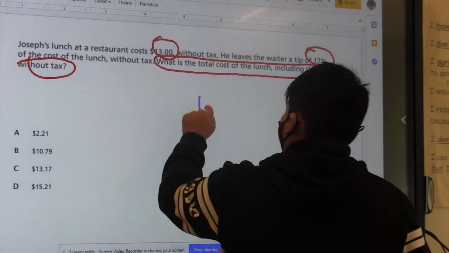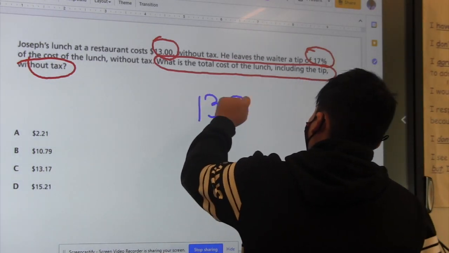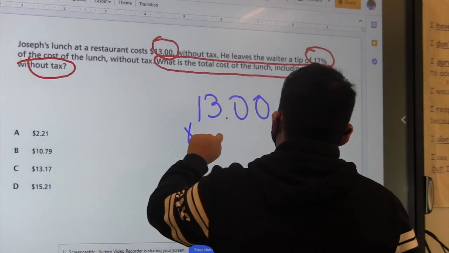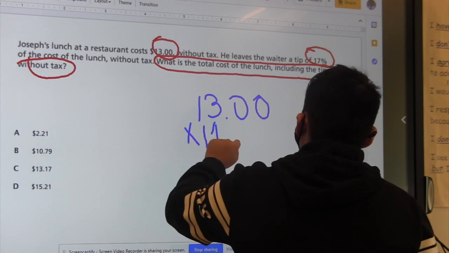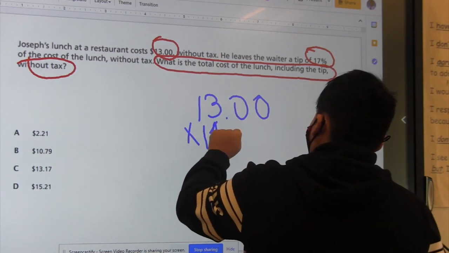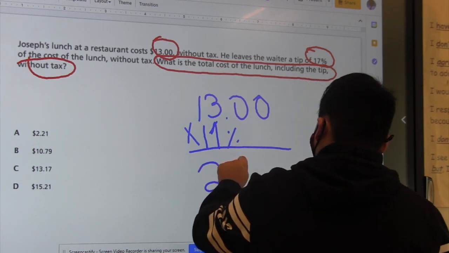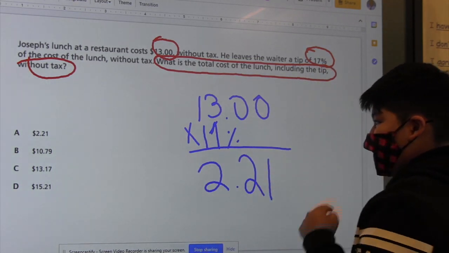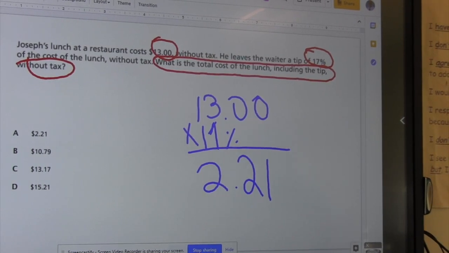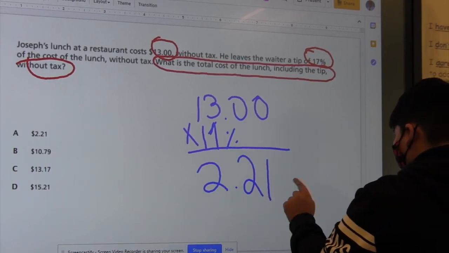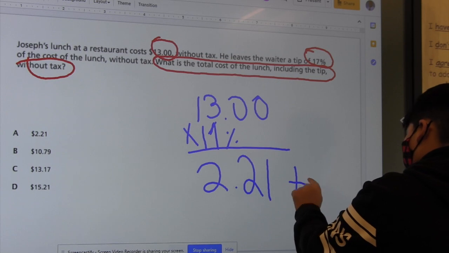Okay, so 13 times 17% equals 2.21. So $2.21 is the tip.